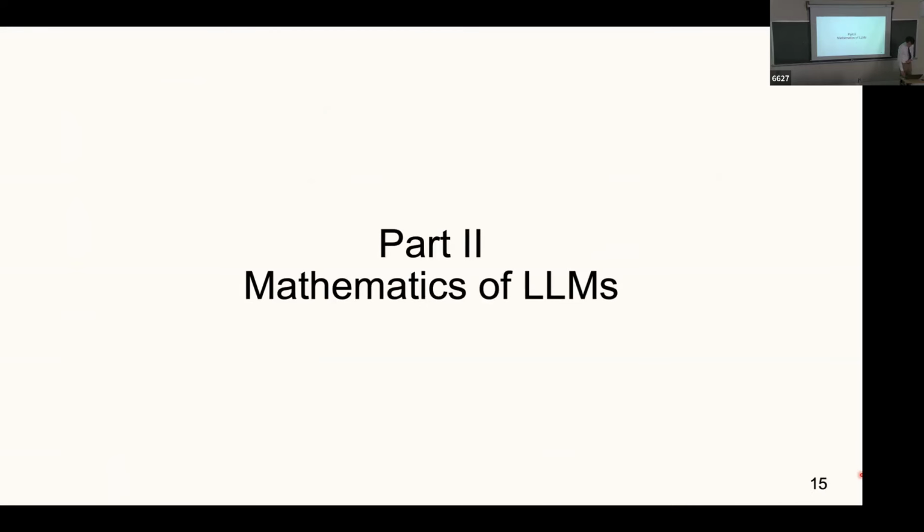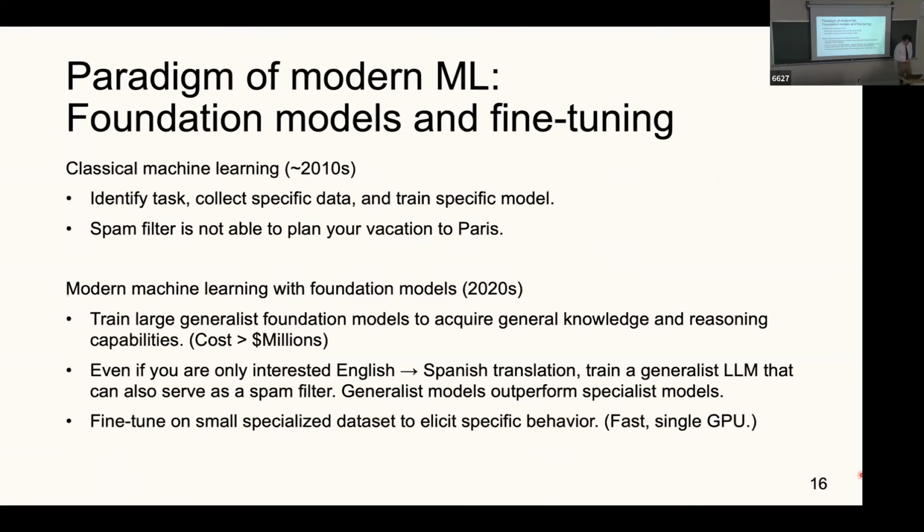Right, so first, in part two, I'll talk about a math approach. But before I do so, I'll clarify a recent paradigm shift in machine learning, and that is the use of foundation models and fine tuning. So in classical machine learning, which in my mind is the 2010s, it can involve deep neural networks, things like ResNet.